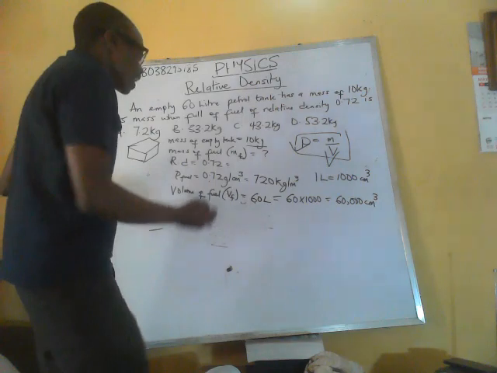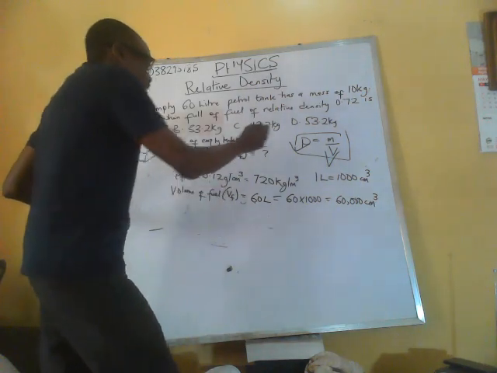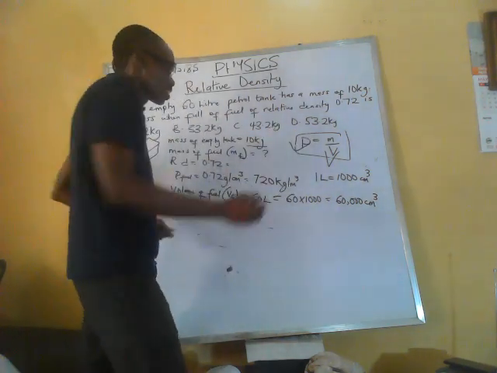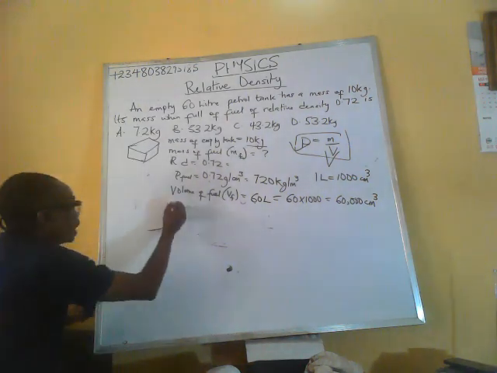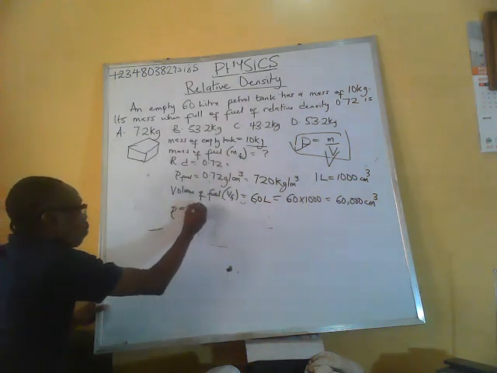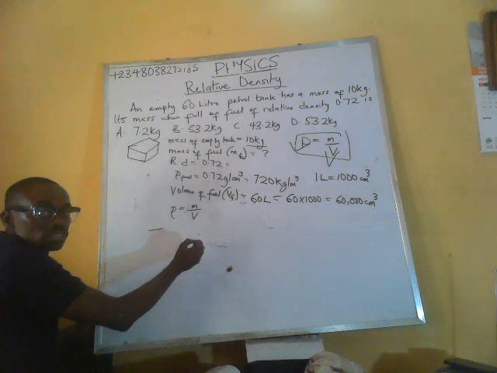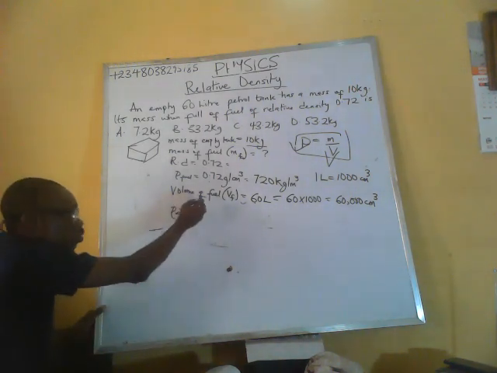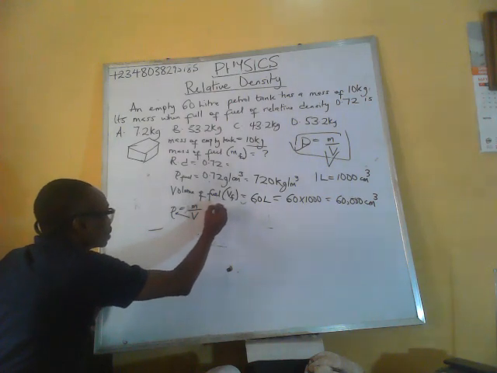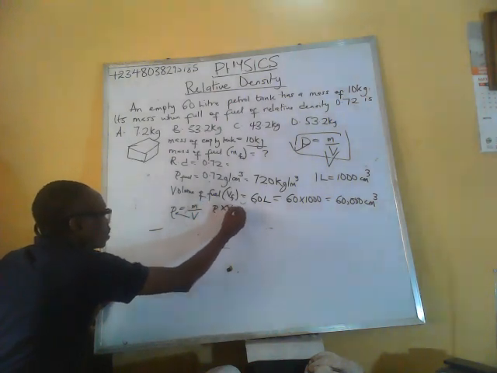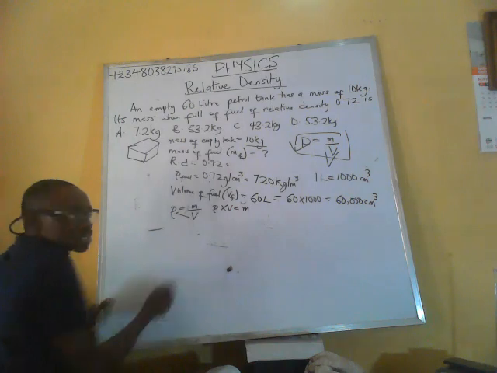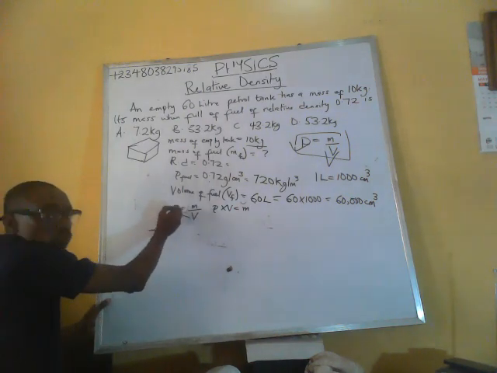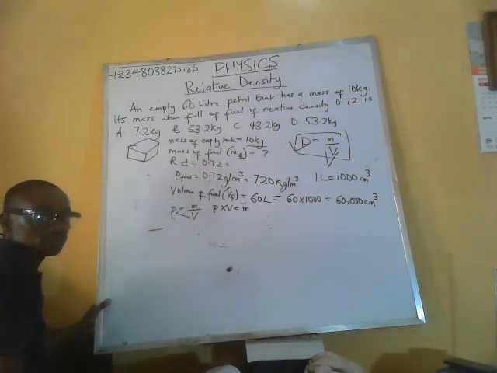So next, we're going to calculate the mass. From density is equal to mass over volume, if you cross multiply, you have that density times volume is equal to mass.